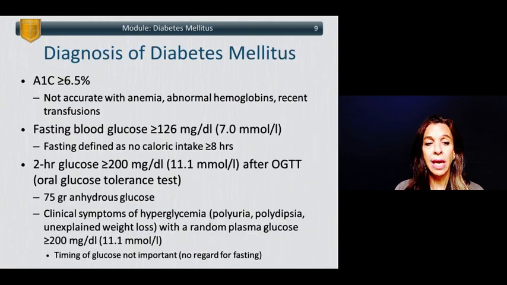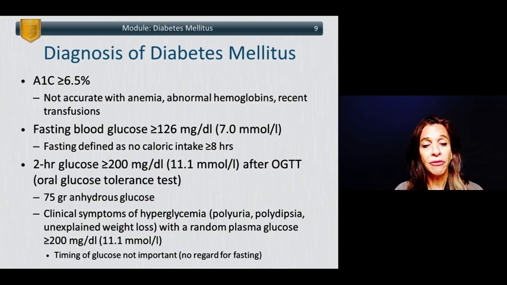The diagnosis of diabetes can be made in a variety of ways. If one uses a hemoglobin A1C level, a level of 6.5% or greater diagnoses diabetes, though this may be inaccurate in patients with anemia, those with abnormal hemoglobins, such as sickle cell disease or thalassemia, and those who have undergone recent blood transfusions.